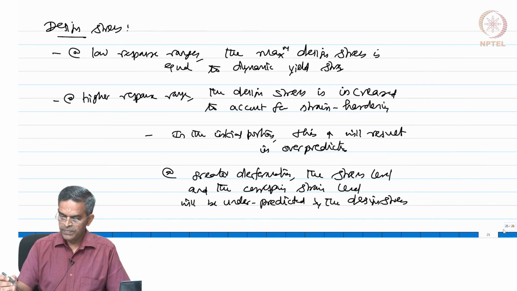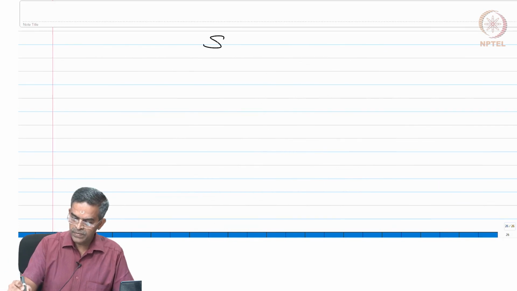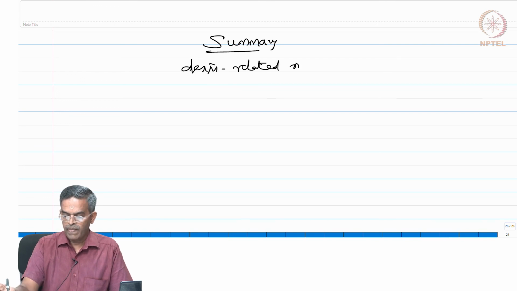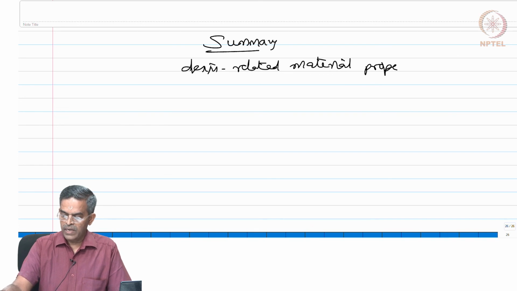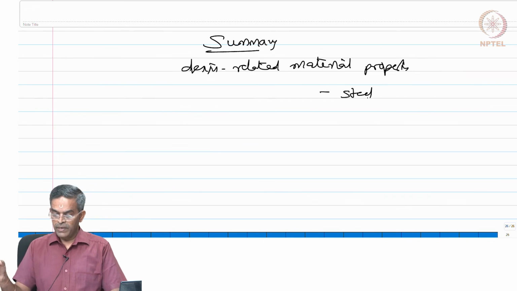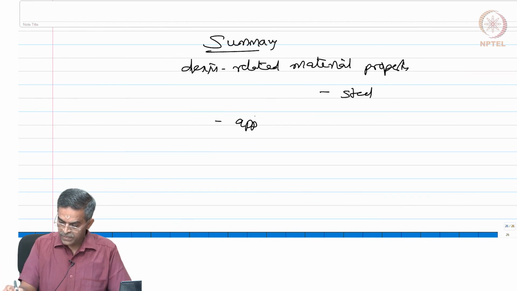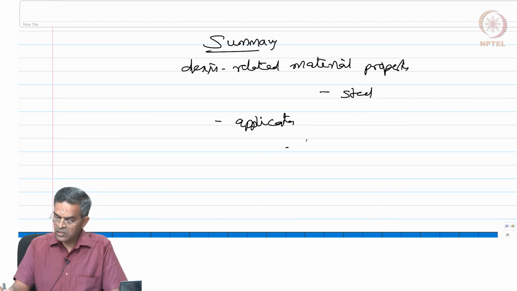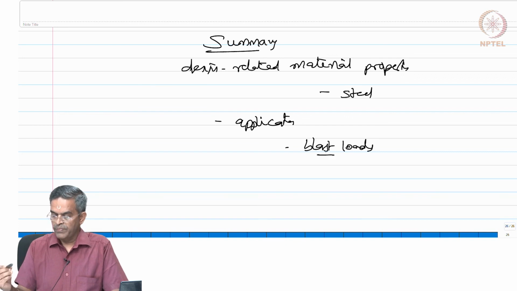So friends, in this lecture we learned the design related material properties, we have taken steel as an example material. We discussed its application for form dominance design. We also touched upon loads like blast loads. Okay.